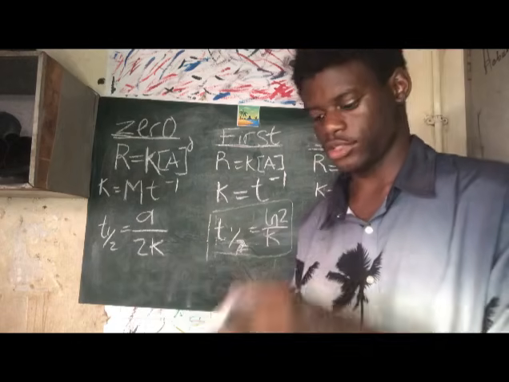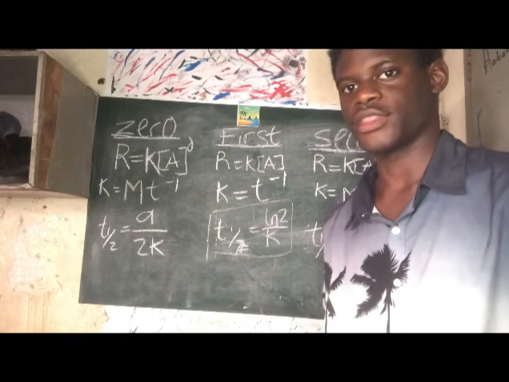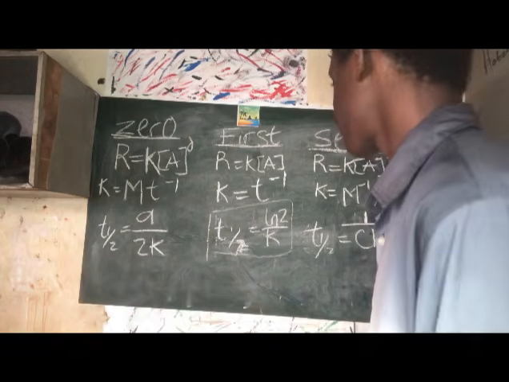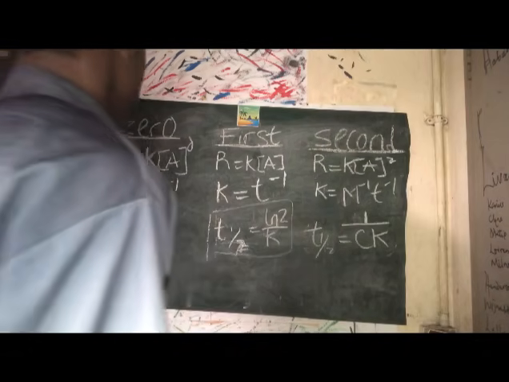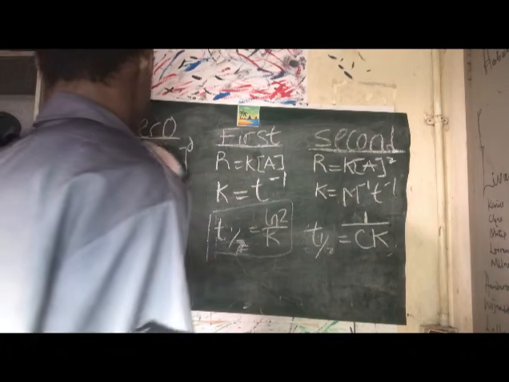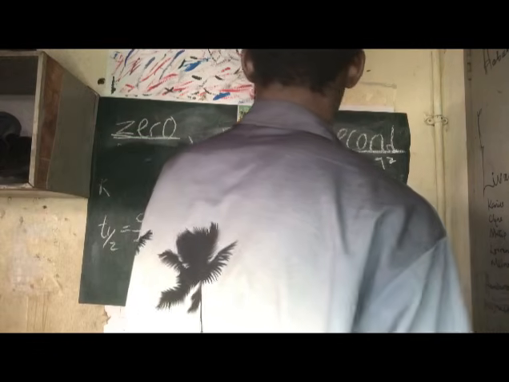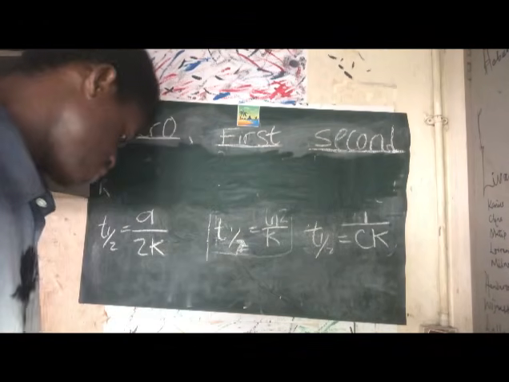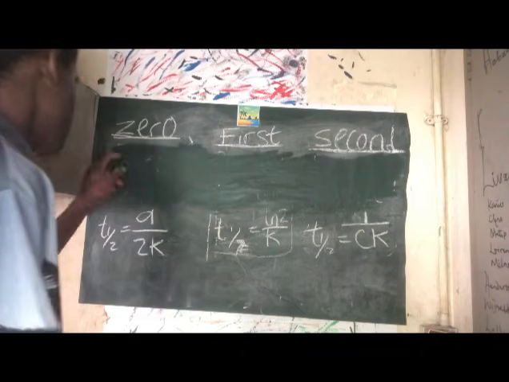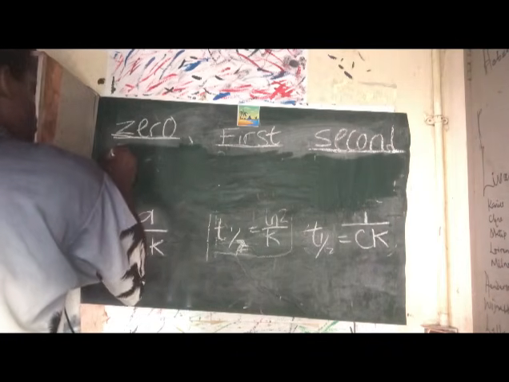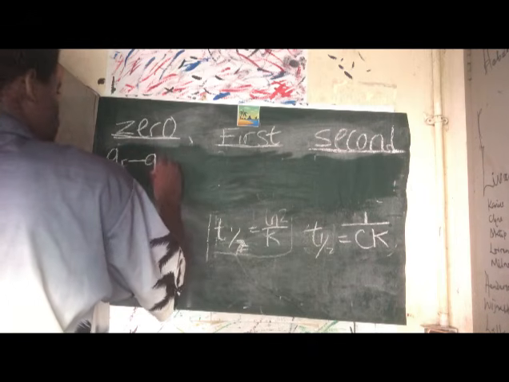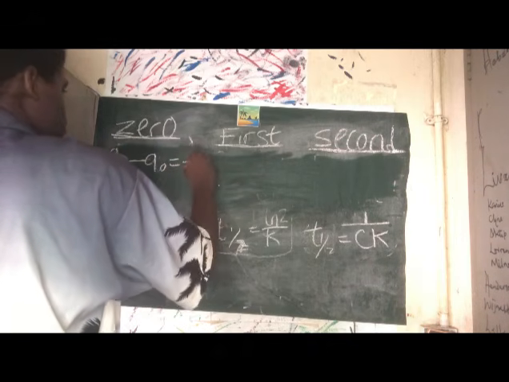Now let's talk about their integrated rate law. So let me explain this thing. The integrated rate law for our 0th order is just A final minus A initial is equal to minus kt.